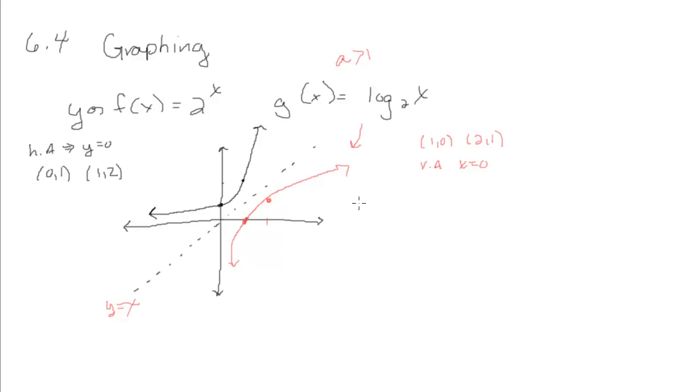So again, the function is increasing. It rises from left to right. The graph includes the point 1, 0, and if we're talking general form, we will just fill this in for the general log base a of x. So it would include point 1, 0 and a, 1. We use 2, 1 here because we were talking base 2.